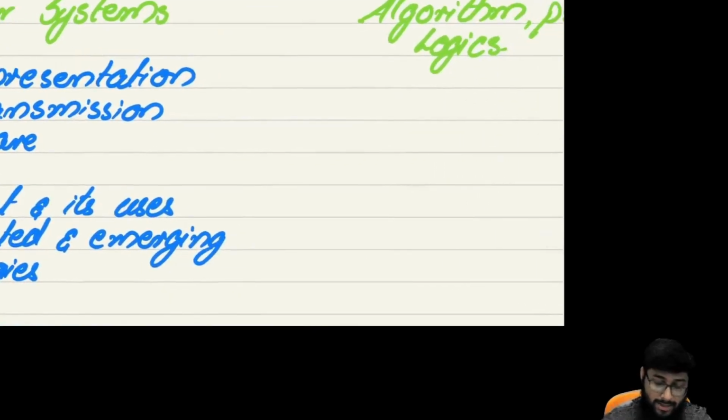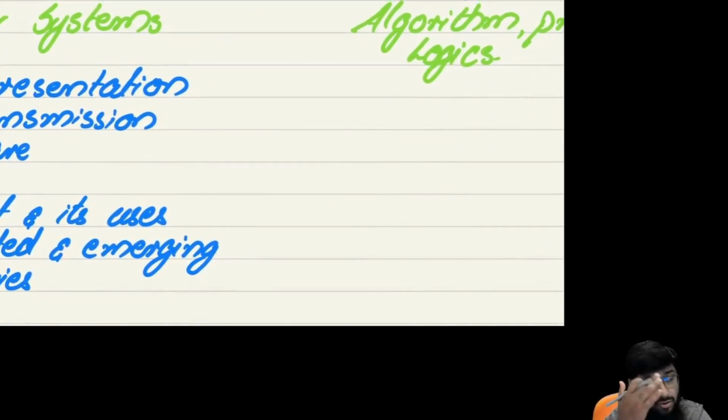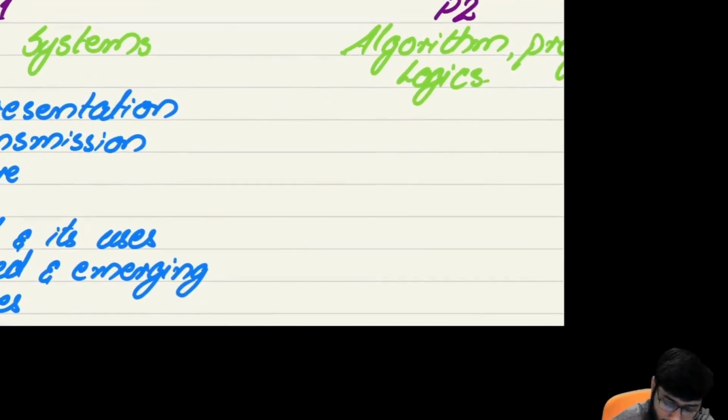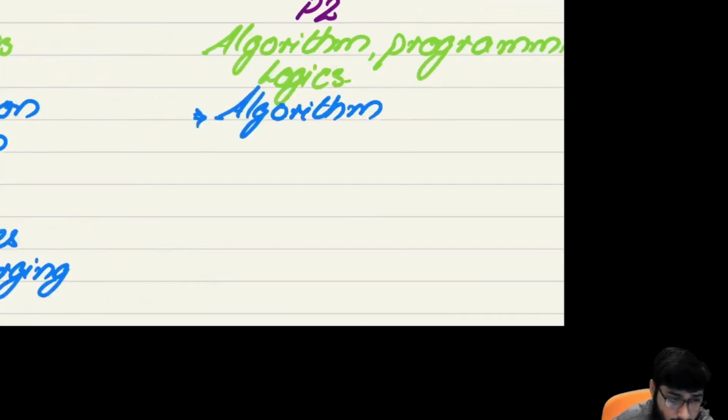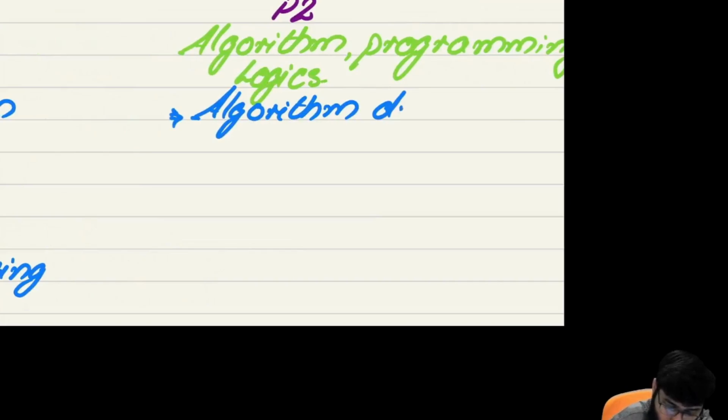Now coming towards the next, that means for the P2. So P2 is having 4 topics in all. What are those topics? Number 1, it is algorithm design and problem solving.